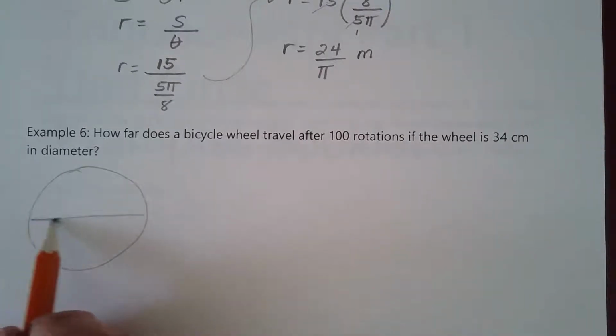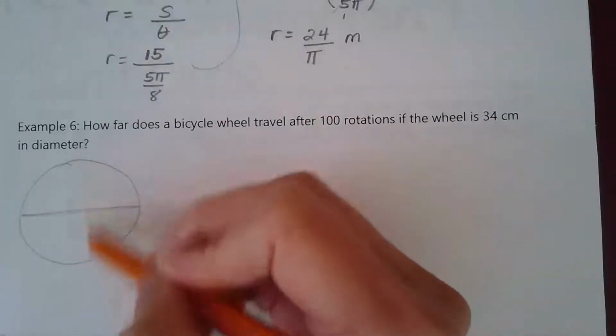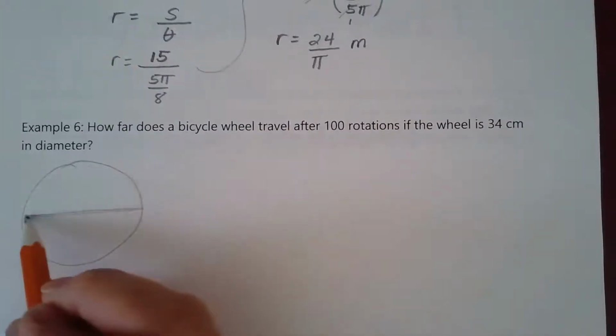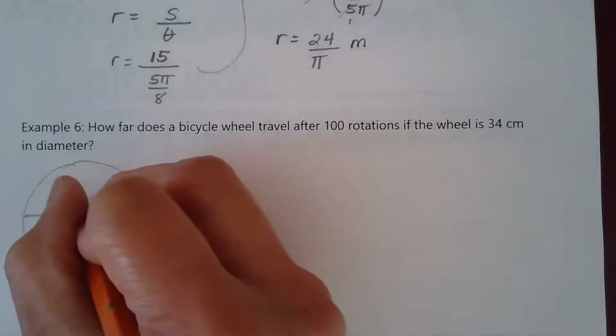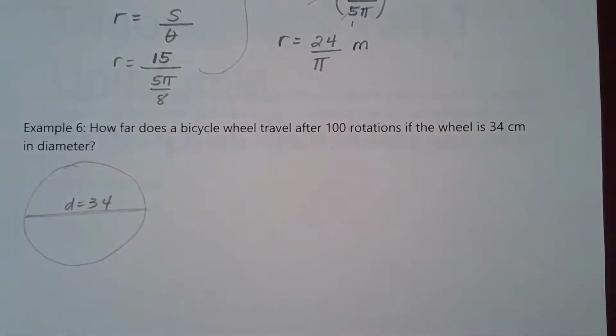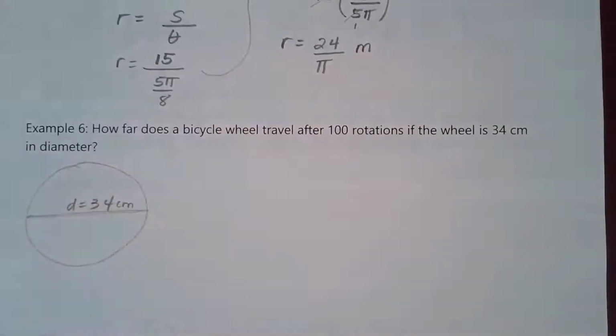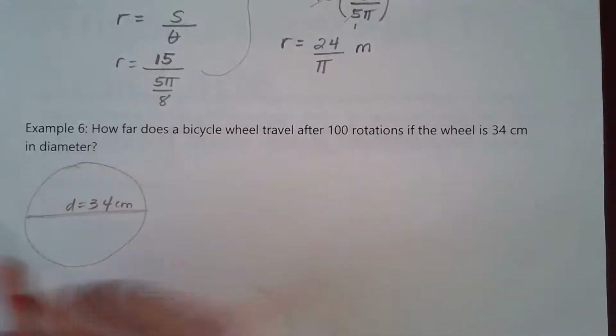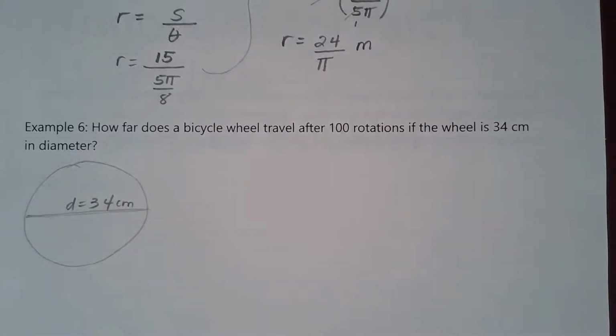You can do the diameter vertically up, or you can do it horizontally. It doesn't matter as long as it's from one end to the other. The diameter is 34 centimeters, and this thing is going to rotate 100 rotations.